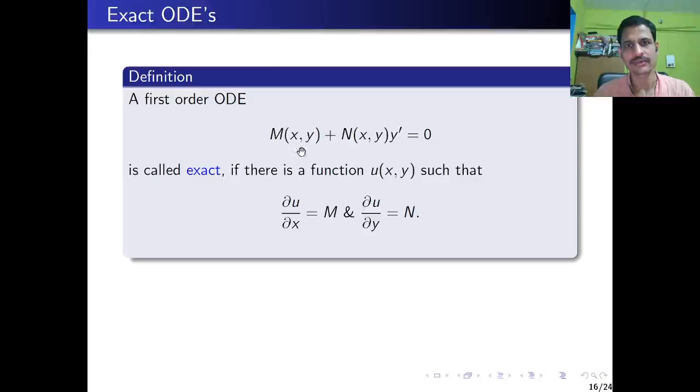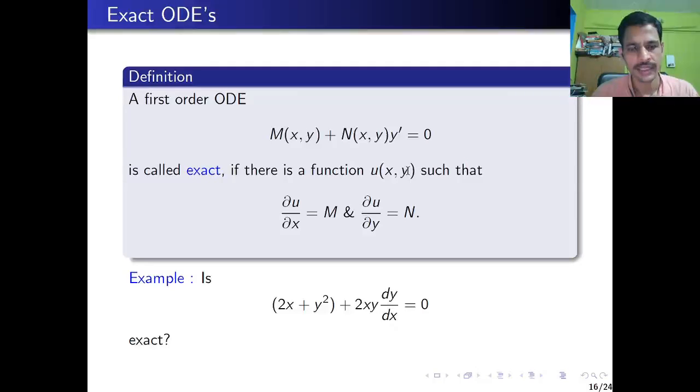This kind of ODEs are called exact if such a function u exists whose partial derivative with respect to x is the function M and whose partial derivative with respect to y is the function N.